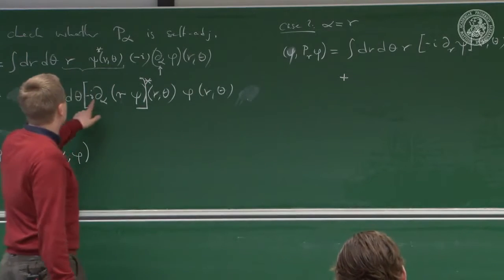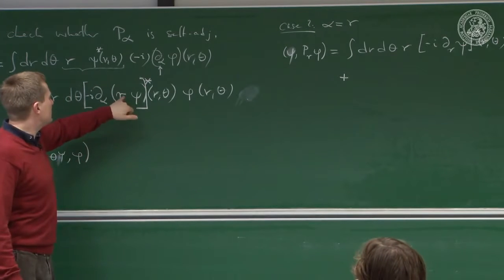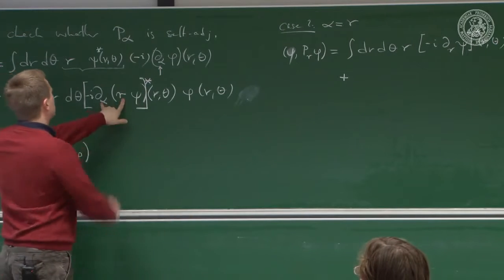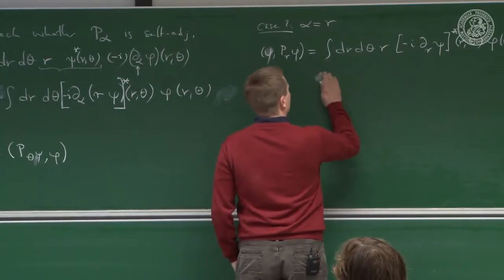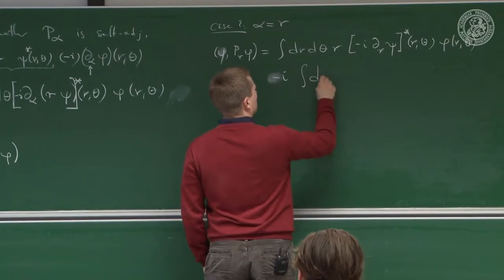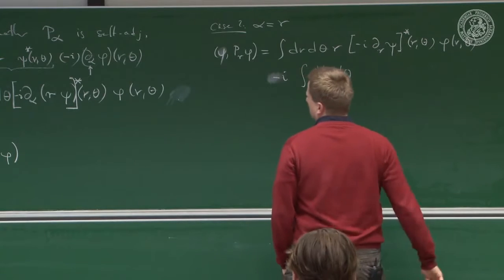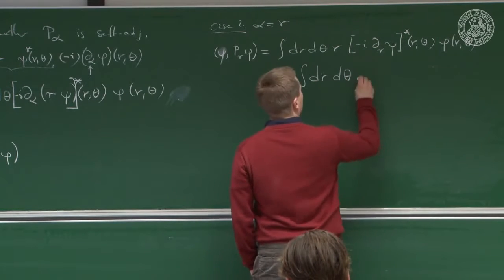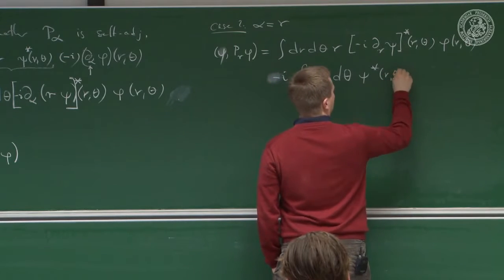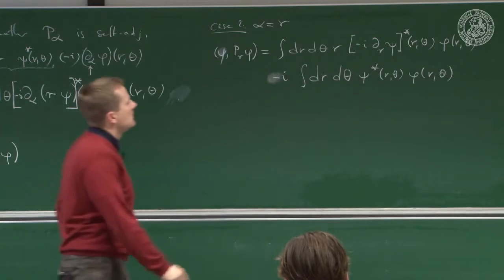Plus, well, okay, so what's the extra term? The del r acts on the r, and all that's left is the psi star itself. So it's minus i times the integral dr d theta. The r has vanished by the action of the del r, and there is just a psi star of r and theta and a phi of r and theta.